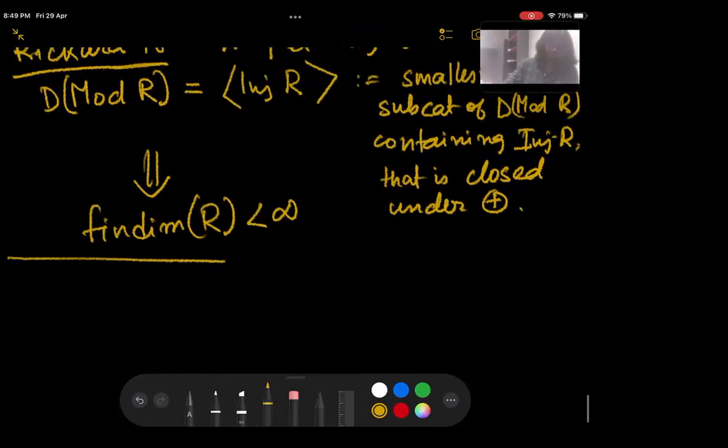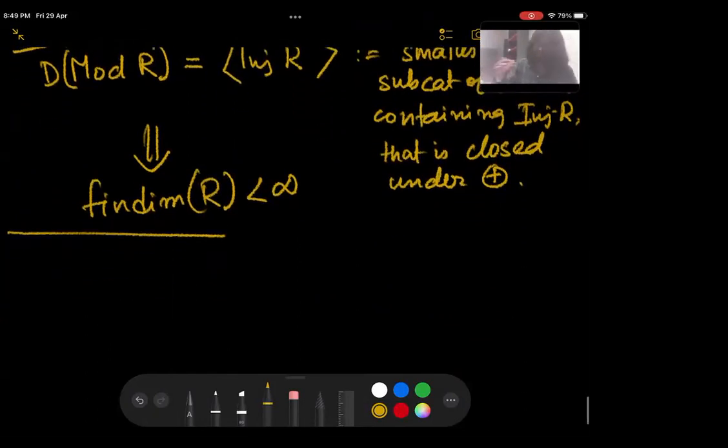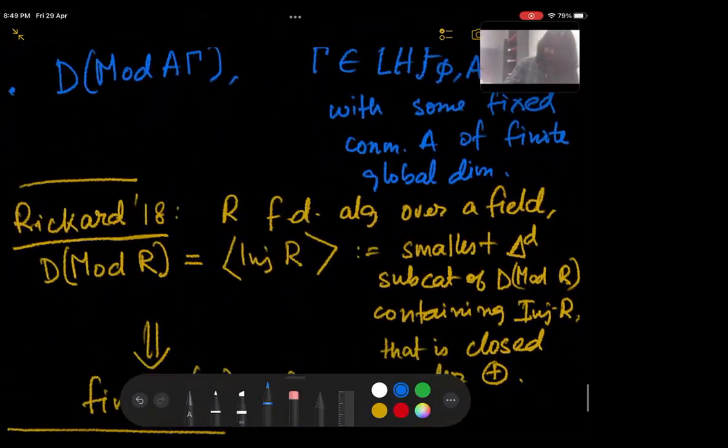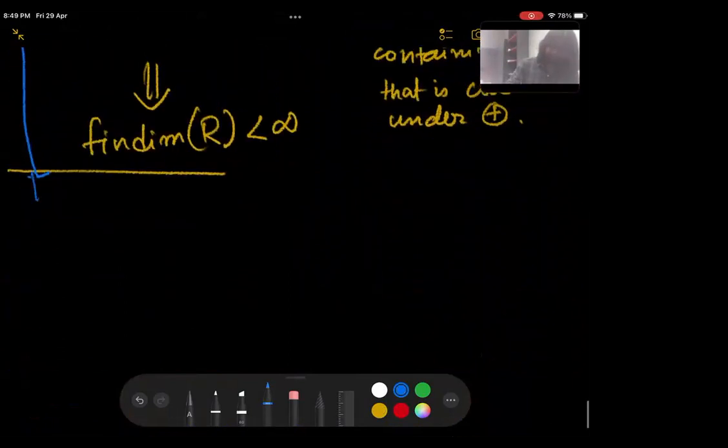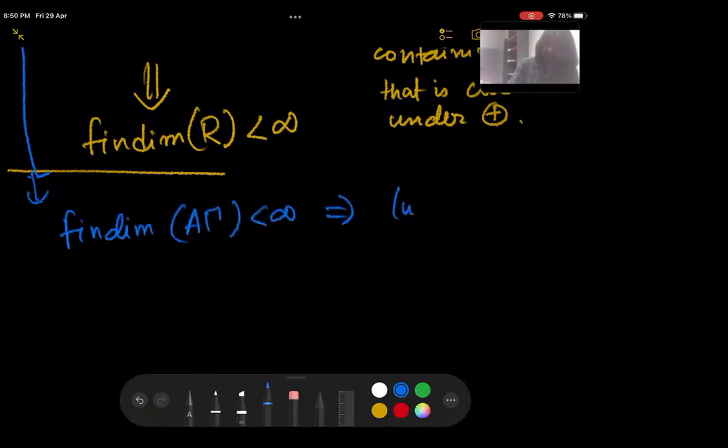But we are not working with finite dimensional algebras. We're working with infinite groups and their group algebras. So my result here is that, remember this setting, gamma is in LHF phi A. If the finitistic dimension of A gamma is finite, then the injectives generate the derived unbounded category, the other way around.